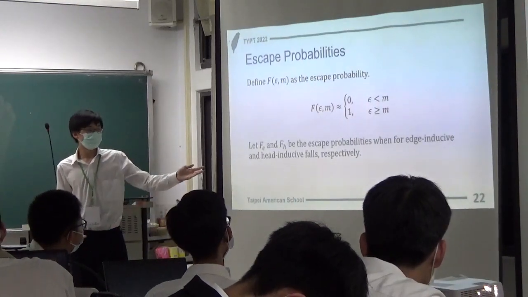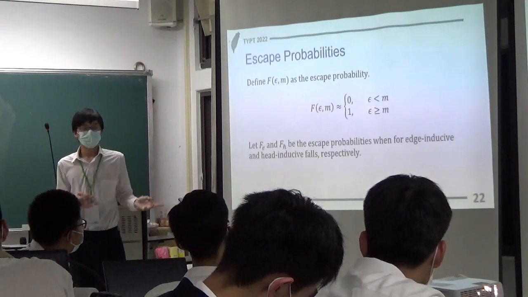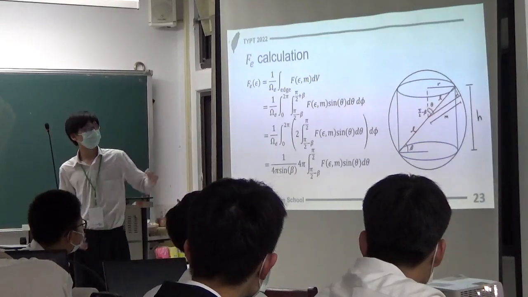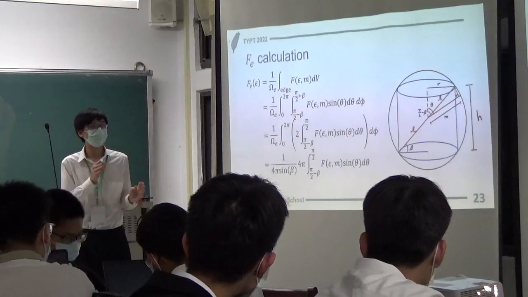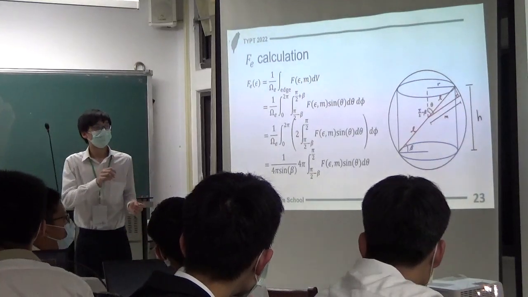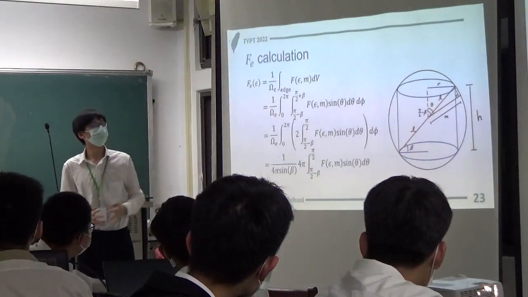And let f of e be the escape probability for an edge-induced bounce, and f of h be the escape probability for a head-induced bounce. And to calculate this, we essentially found the average of all escape probabilities for a bounce on every point with this integral.